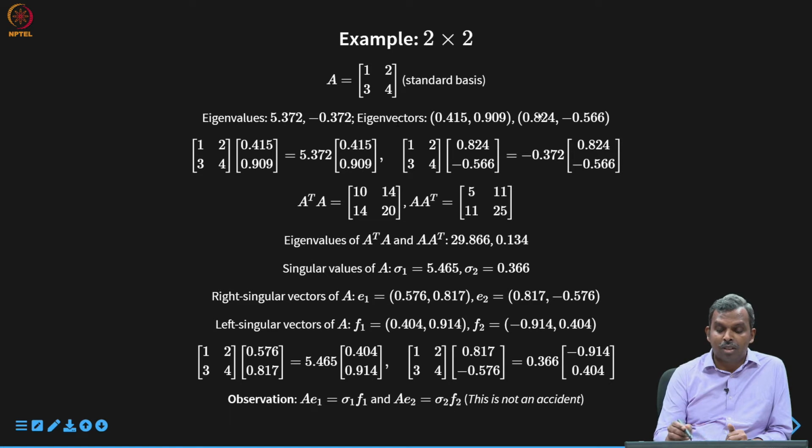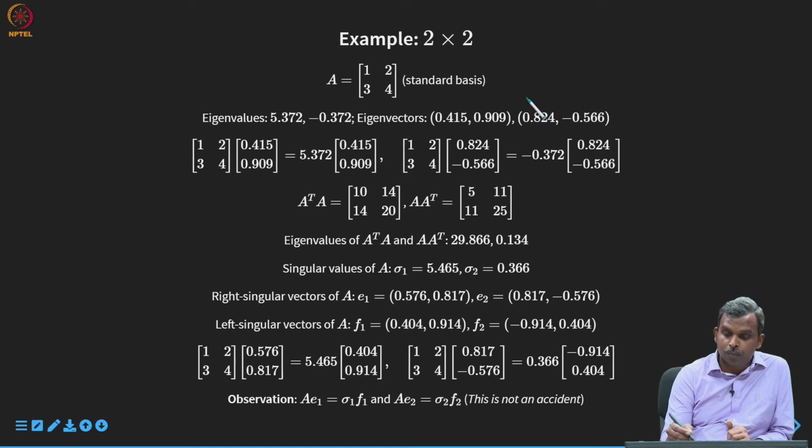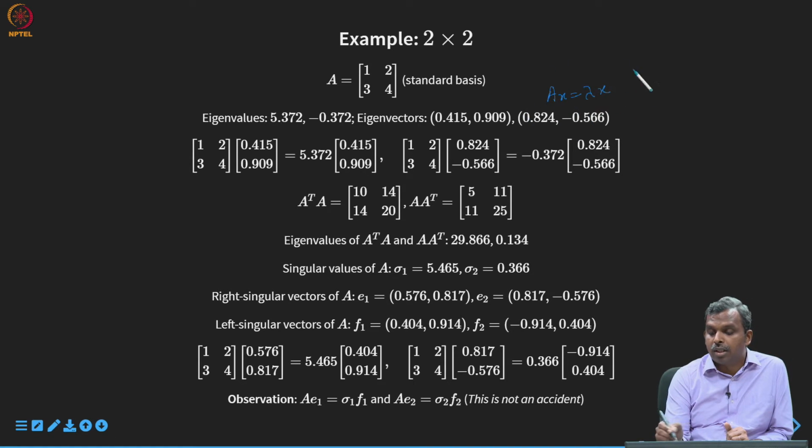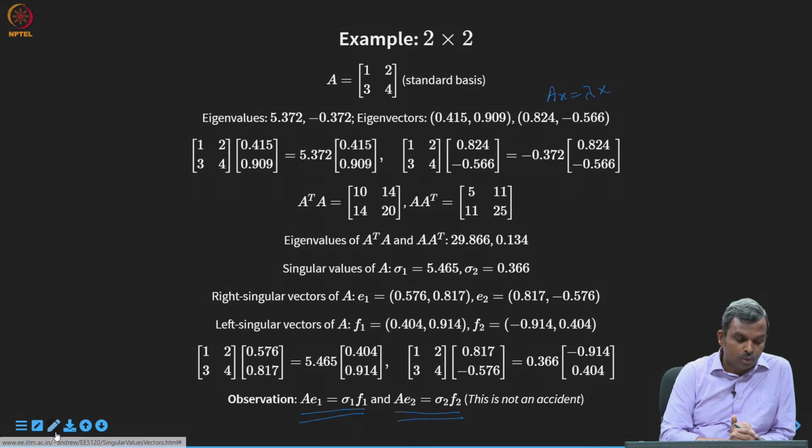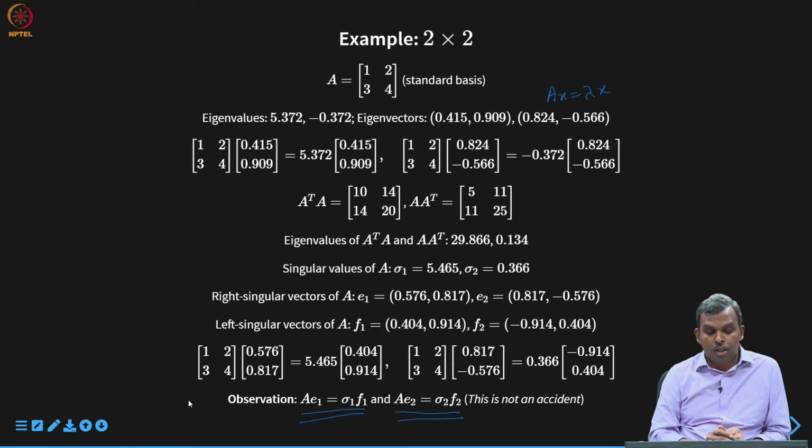Just like you have AX equals lambda x, maybe I should write that alone. So, AX equals lambda x is sort of the defining property for eigenvalues definition. This is the defining property for singular value, singular vector definition. Okay, so you have always orthogonal.